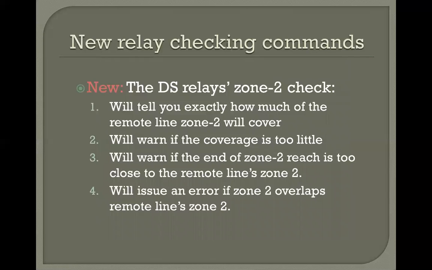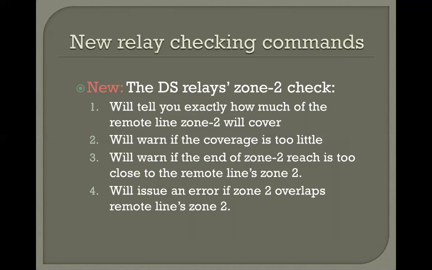Okay, so what would this check typically tell you? Number one, it would tell you exactly how far the remote line zone 2 will cover. Now, I should stress that the same comments apply to the checking of the instantaneous unit. Whenever the program tells you how far it covers on a certain line, it does it by fault simulations and not by looking at the parameters of the setting.